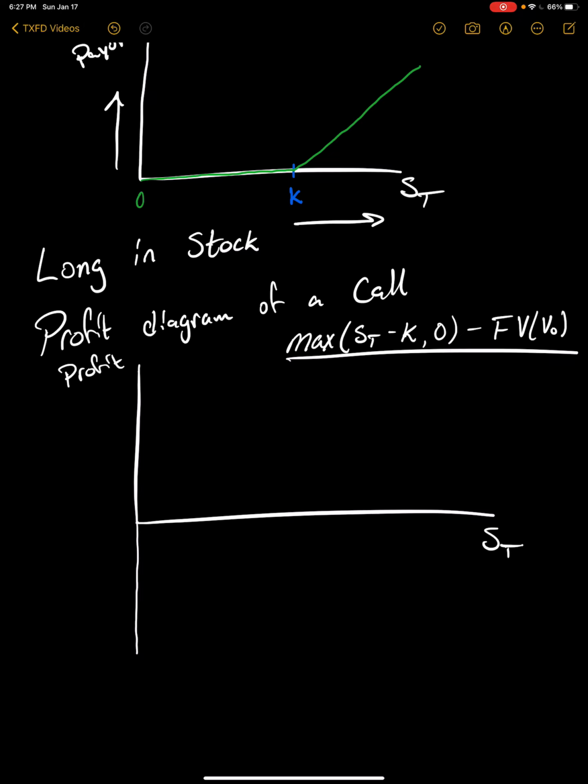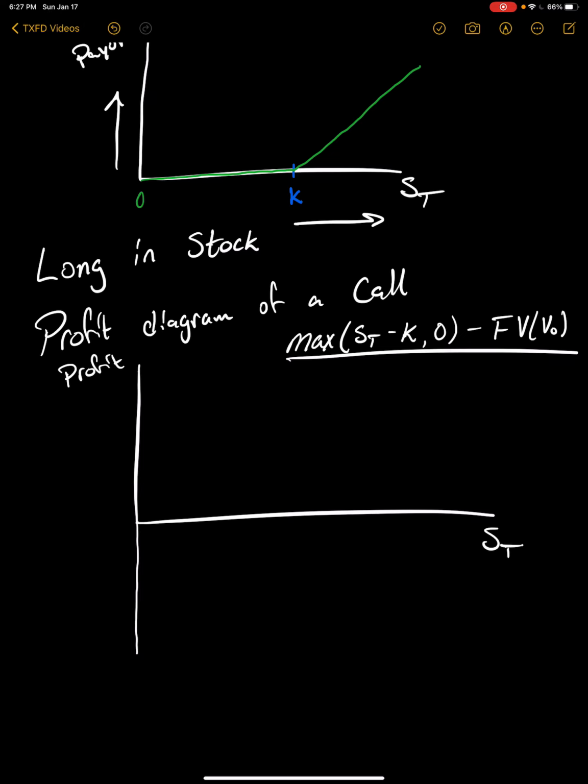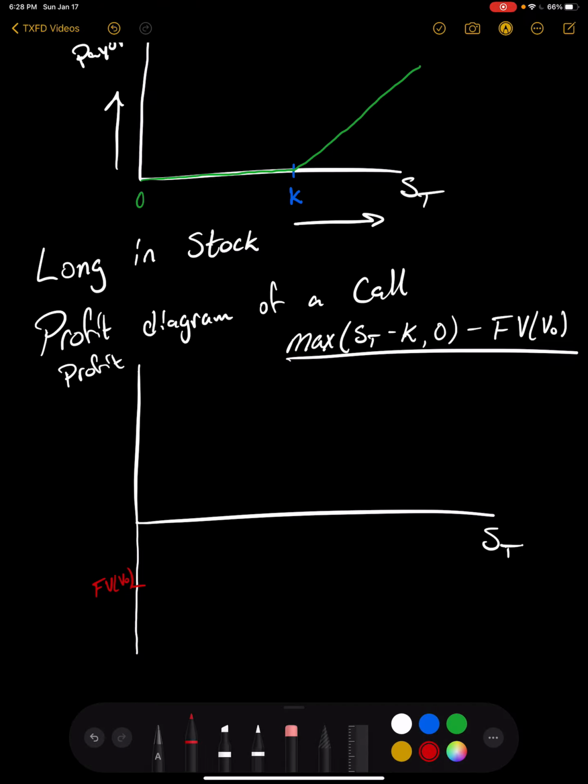When we're at our worst, when we don't exercise, let's mark that off in red over here because it's a bad number. We're going to lose the future value of the initial cost down there. Until the option hits our strike price, K, we aren't going to start increasing.